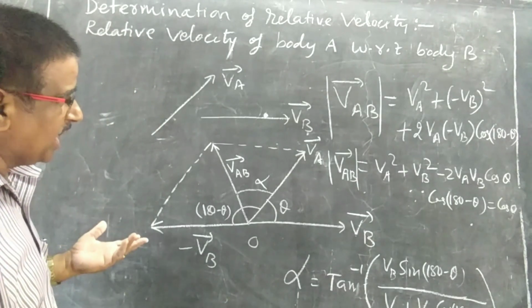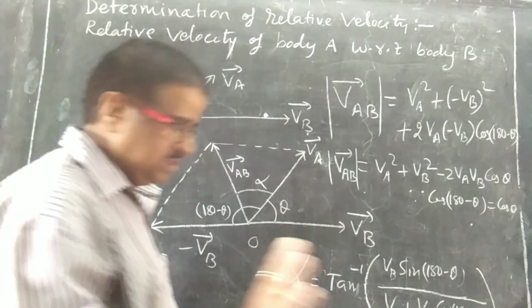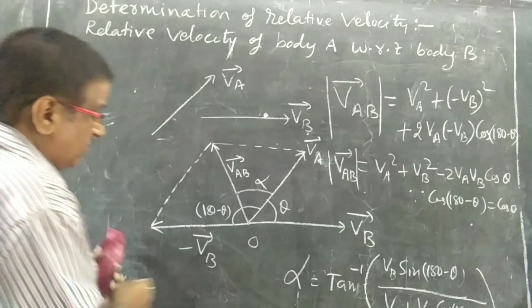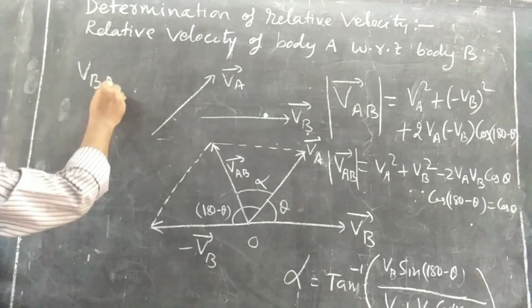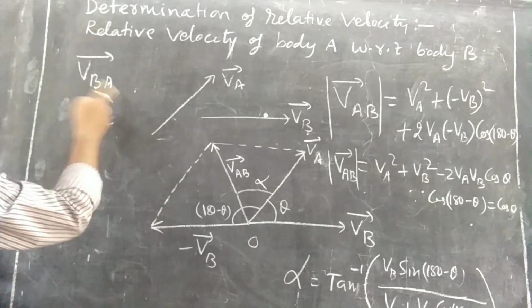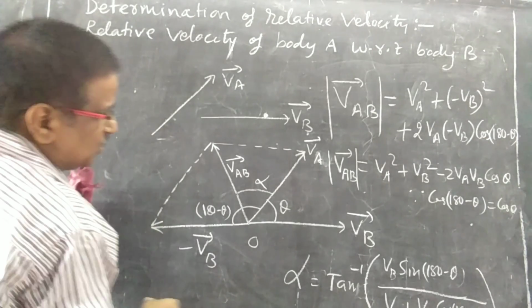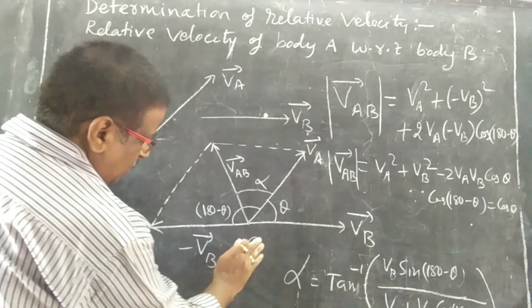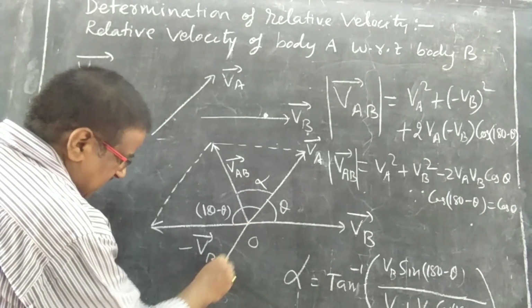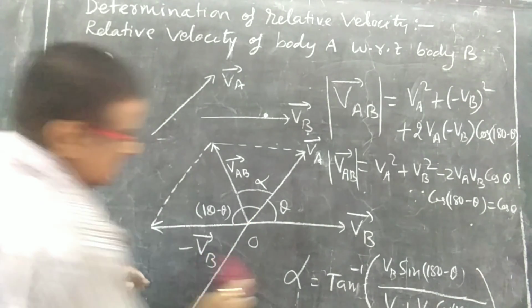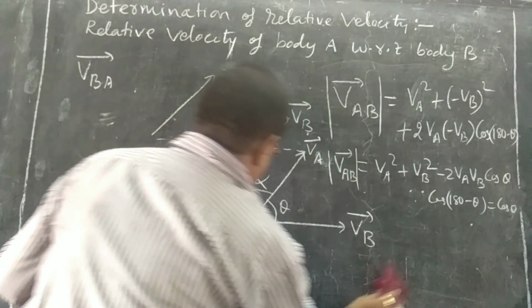Similarly, if we want to calculate VBA, the relative velocity of B with respect to A, then what we have to do? I am making it in the same figure, A should be taken to be negative here.